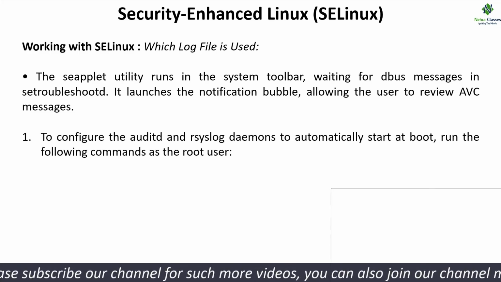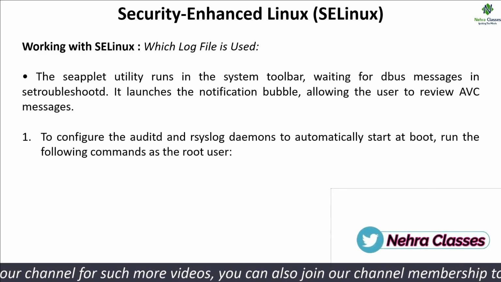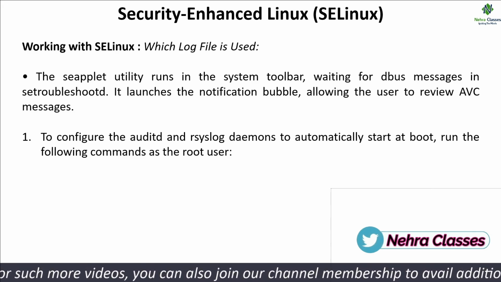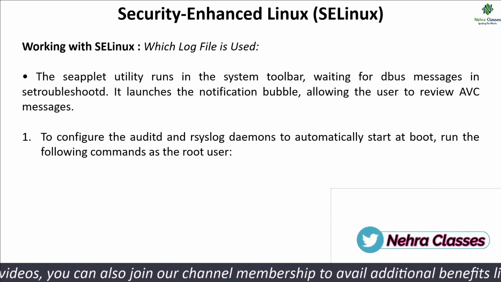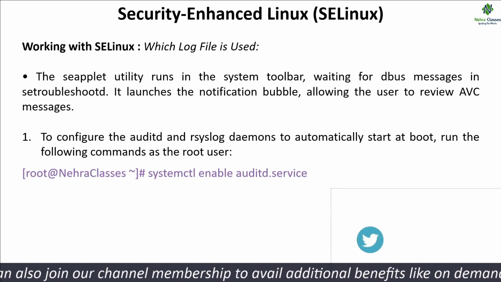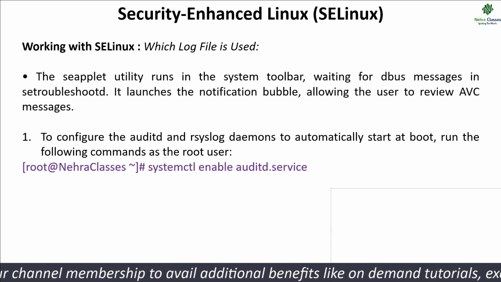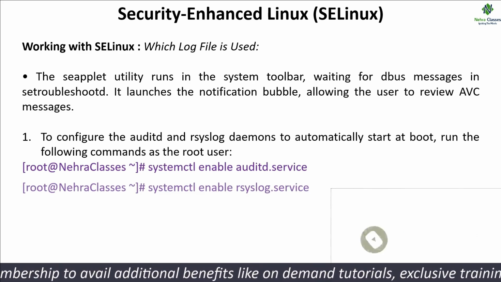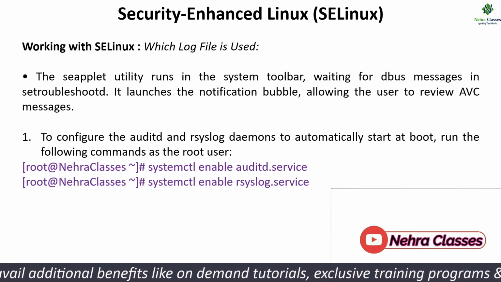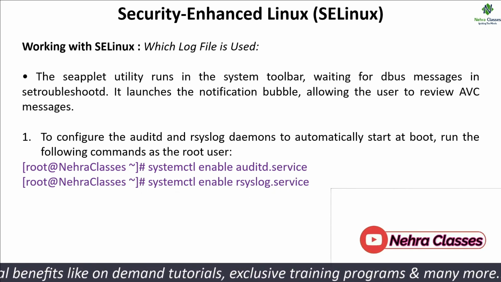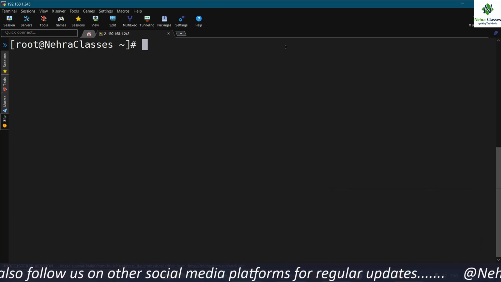To configure auditd and the rsyslog daemon to automatically start at boot time, you can execute the following commands as the root user. You can execute systemctl enable auditd.service and systemctl enable rsyslog.service. Let me show you this on the terminal.